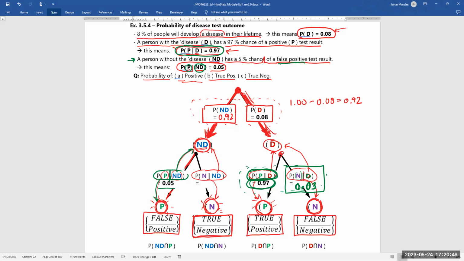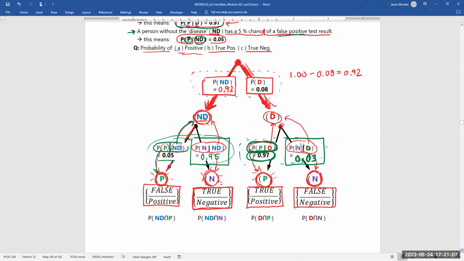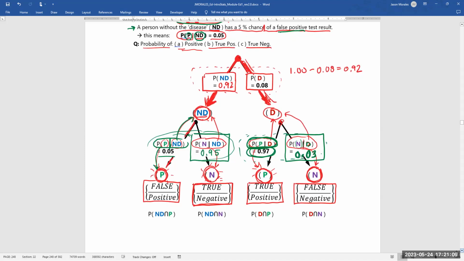So this other branch that goes with it, again, these have to add up to 1, should be 0.95 or 95%. So now we've got this tree diagram somewhat filled out.